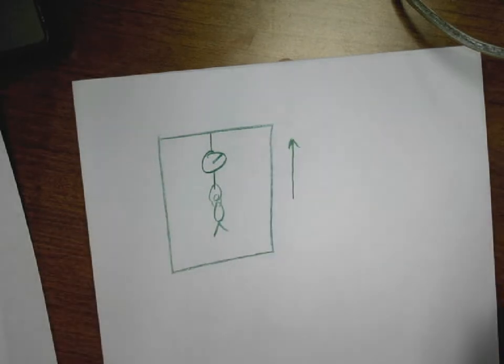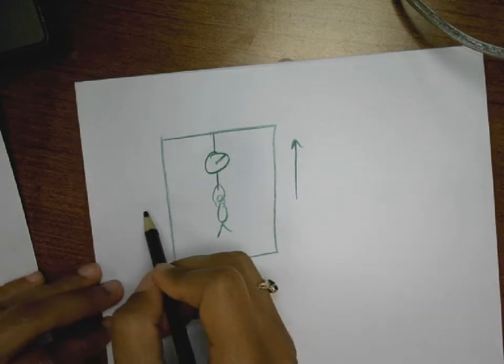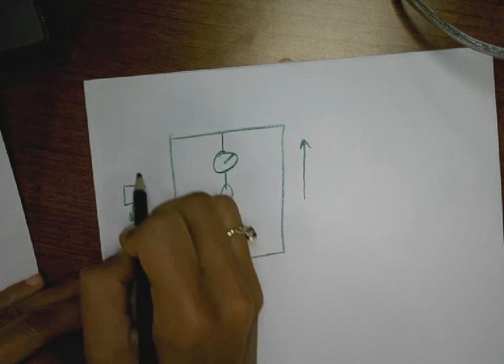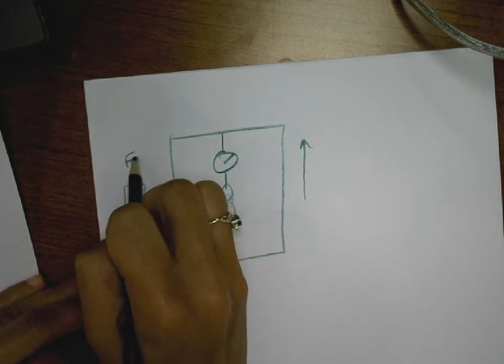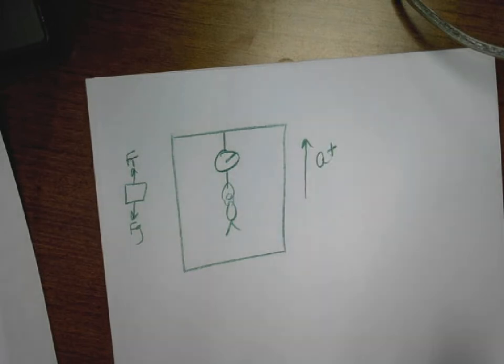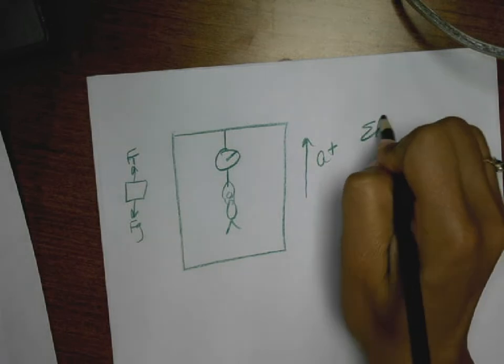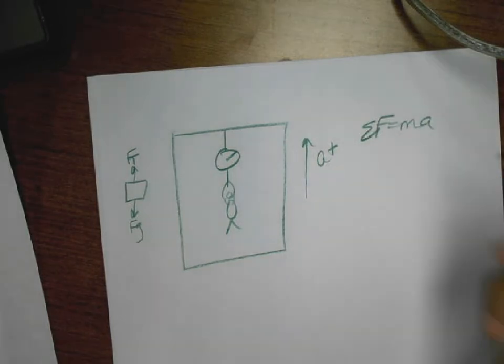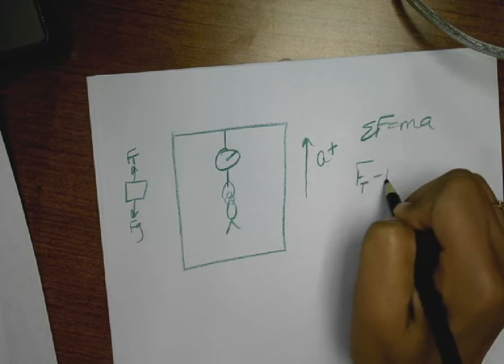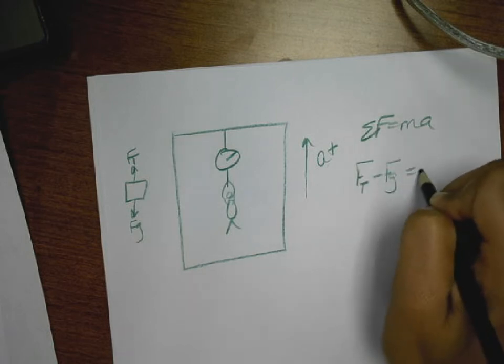We're going to accelerate you upward. If I do a free body diagram on you, I have gravity down and tension up. I'll say upward is the positive acceleration, so my equation, sum of my forces, is equal to ma. I'm accelerating. This would be F_t minus F_g is equal to ma.